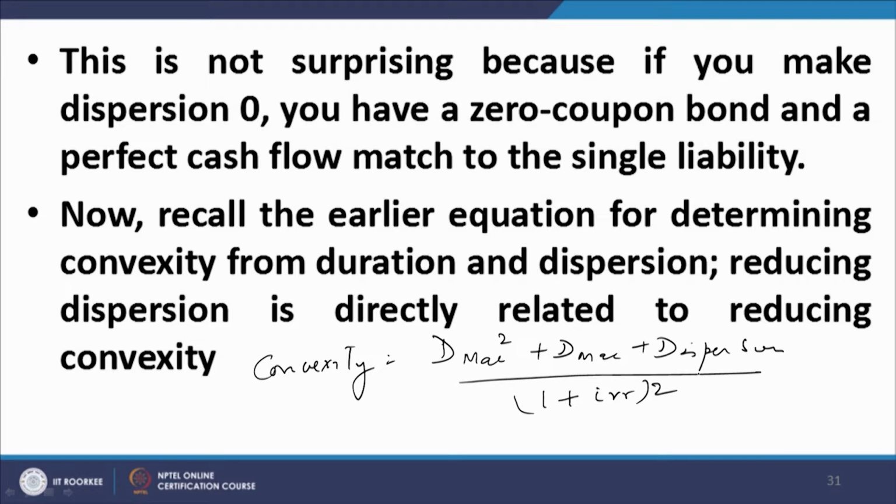So, you can see here that convexity and dispersion are directly related, and therefore, a bond with a higher dispersion will have higher convexity, and a bond with a lower dispersion will have lower convexity.